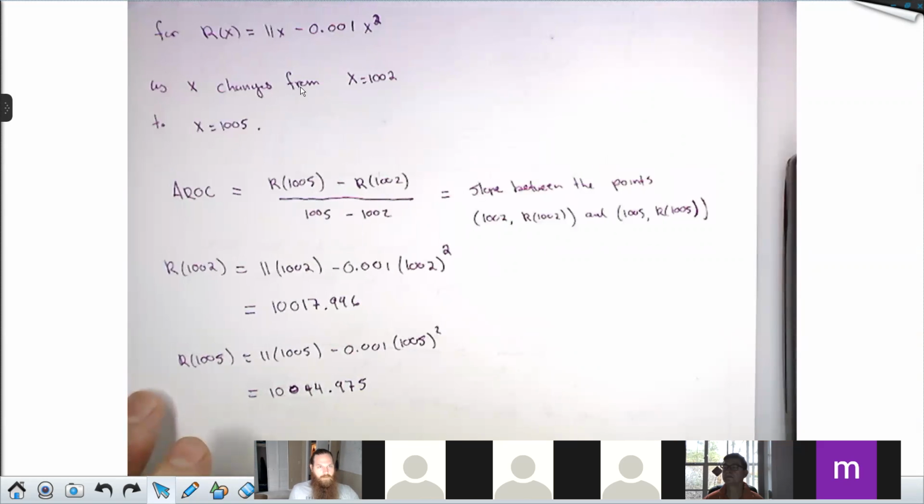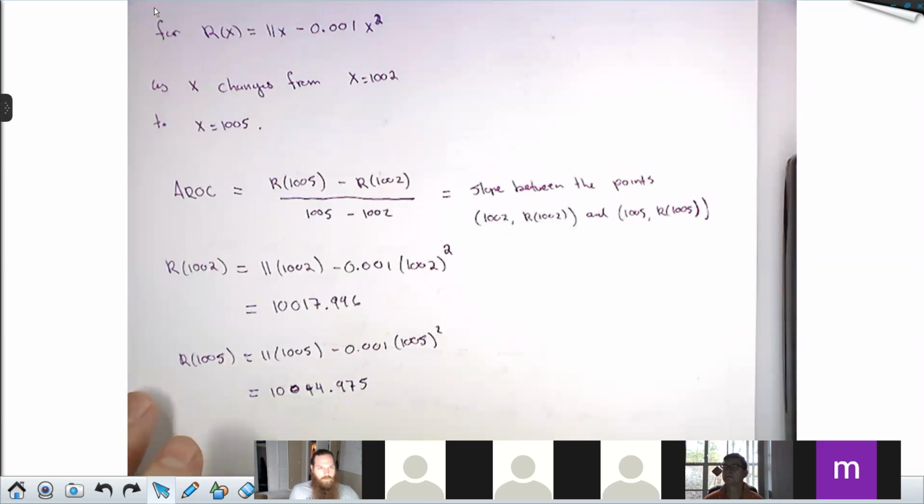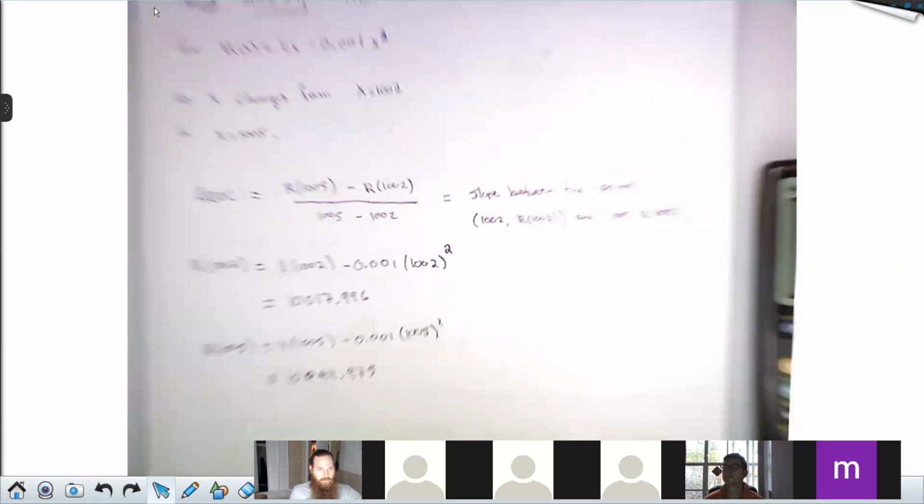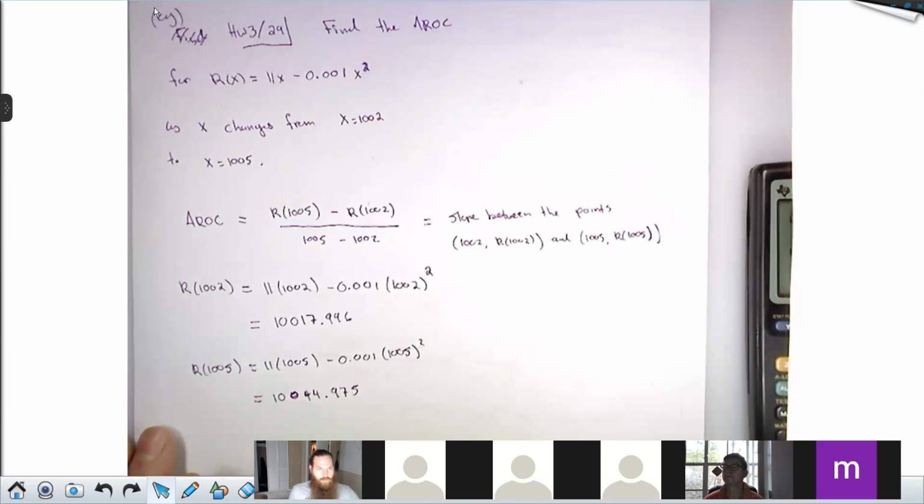So Matthew, the problem asked us to find the average rate of change for the function r of x equals 11x minus 0.001x squared from 1002 to 1005. And we said, okay, that's this slope.